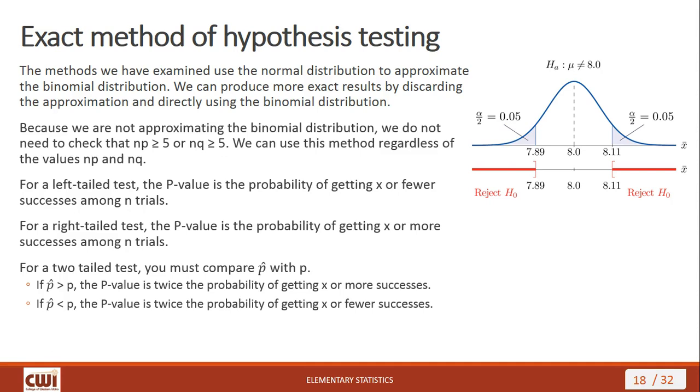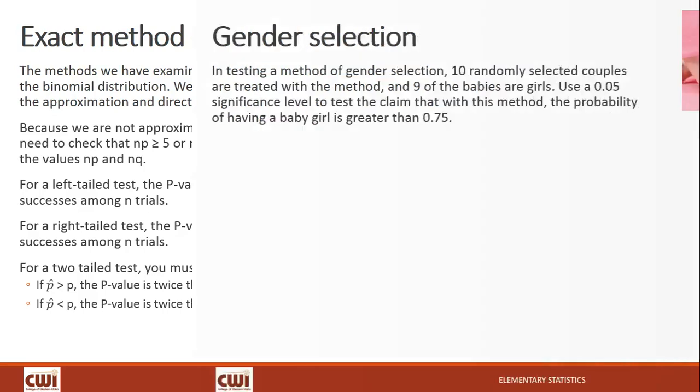So if our sample proportion is greater than our population proportion, then the p-value will be twice the probability of getting X or more successes. However, if our sample proportion is less than the population proportion, then the p-value is going to be equal to twice the probability of getting X or fewer successes.